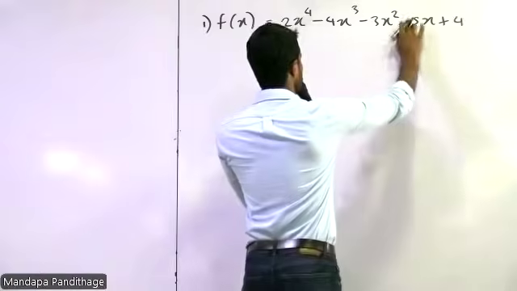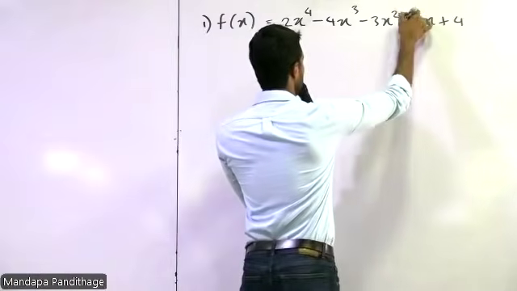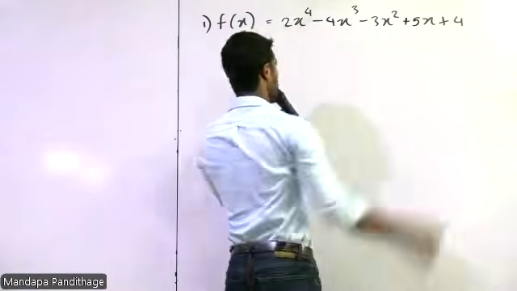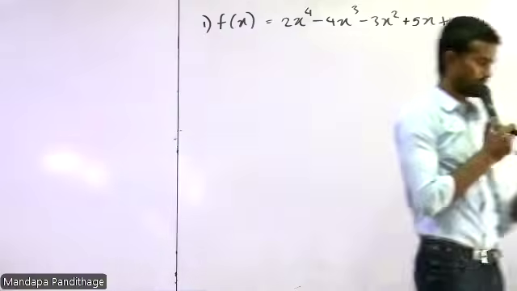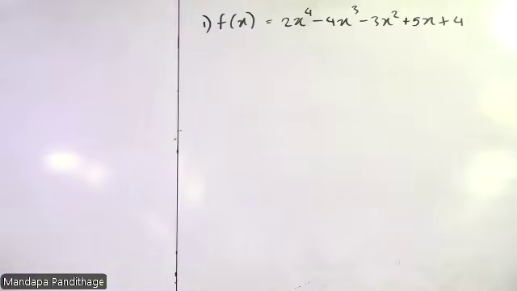Name the polynomial first, like throughout this lesson. If they haven't named the polynomial, the first thing that you have to do is to name it. I'll take it as f(x).